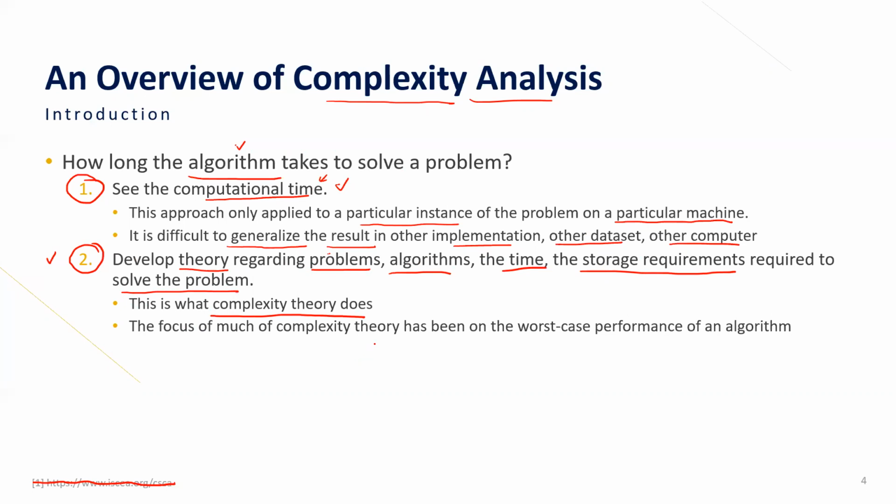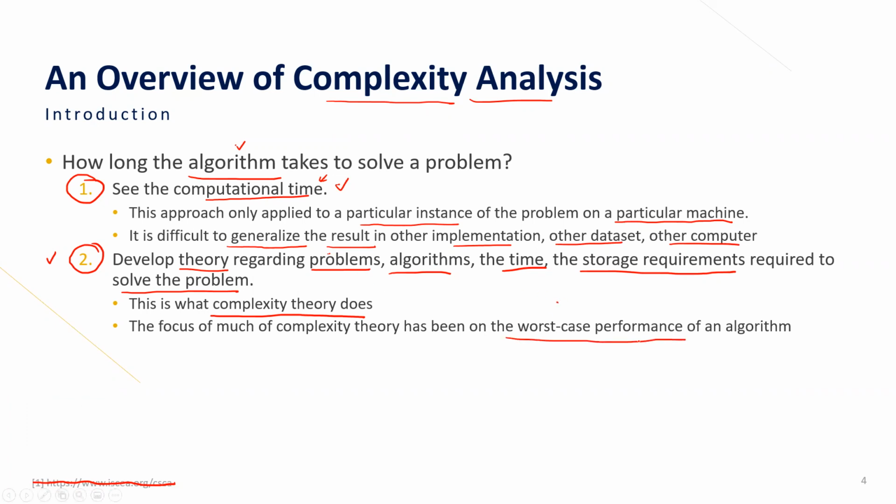It is how you define the complexity of your algorithms. It will be discussed in this theory. Most of complexity theory is focused on the worst case performance of your algorithms.